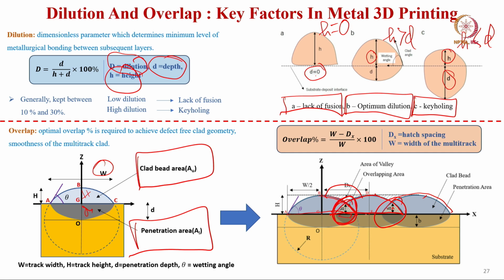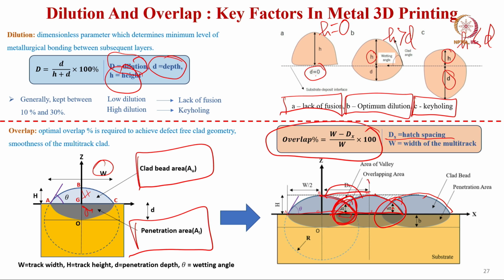There you can see the overlapping valley, and from there you can calculate the overlap percentage: W minus Dx by W into 100, where capital D subscript x is your hatch spacing.